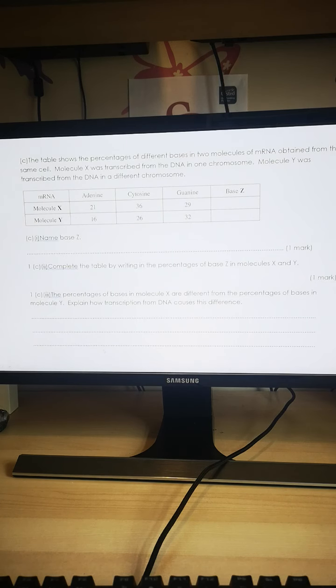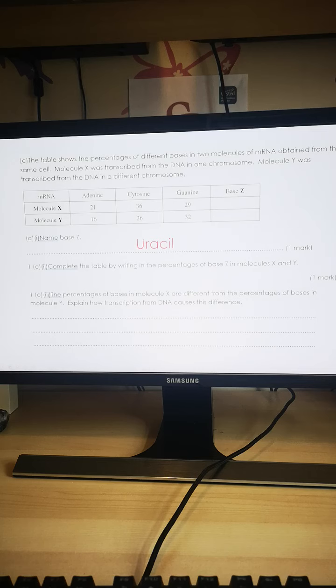Okay, so carrying on then, the table shows the percentage of different bases in 2 molecules of mRNA obtained from the same cell. Molecule X was transcribed from the DNA in 1 chromosome. Molecule Y was transcribed from the DNA in a different chromosome. Name base Z. Well, remember we're in RNA, therefore it's uracil.